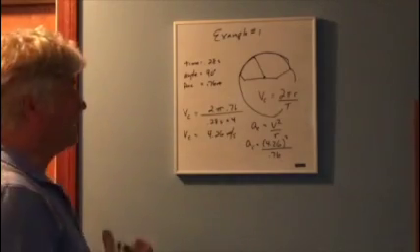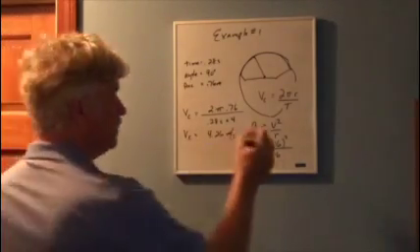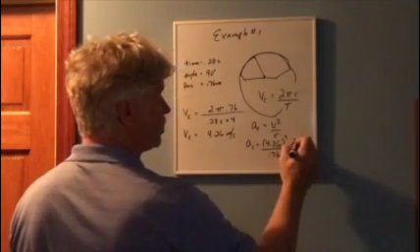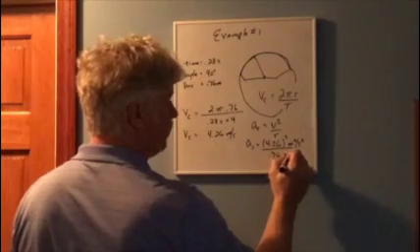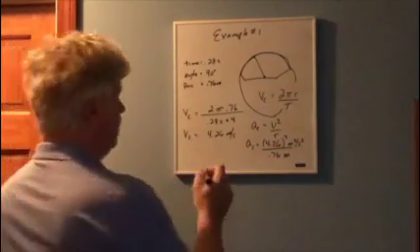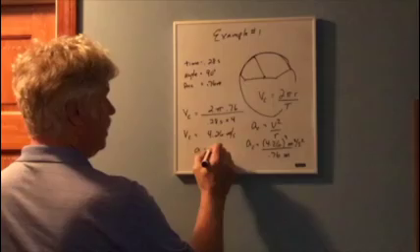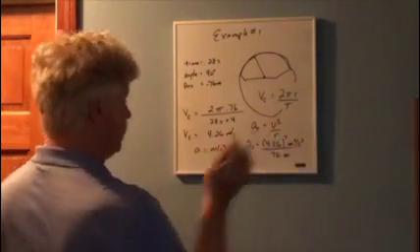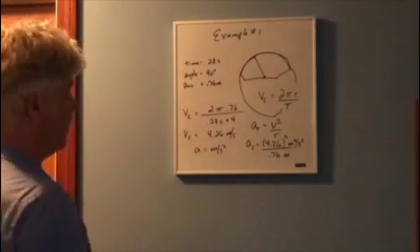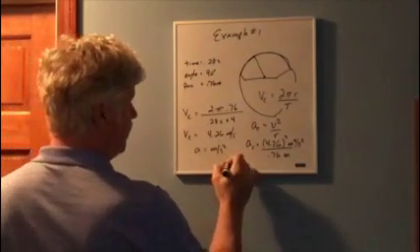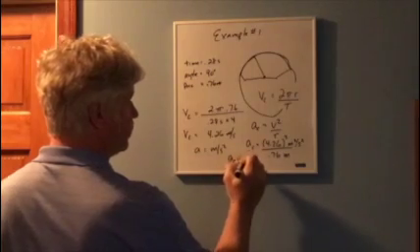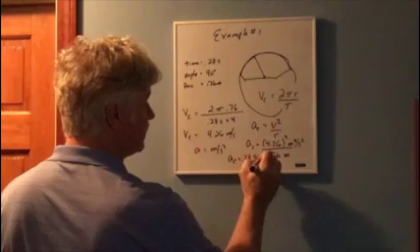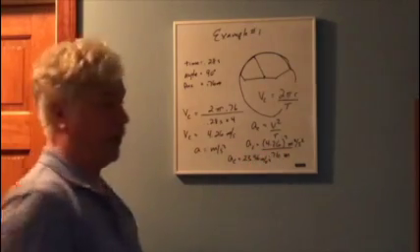So now to get acceleration, oh wait a minute, this is meters per second, so this is going to be meters squared per second squared, and this is going to be meters. Oh wait a minute, acceleration is meters per second squared, so our units are all set. Now we divide this out, and we find acceleration centripetal is 23.96 meters per second squared.